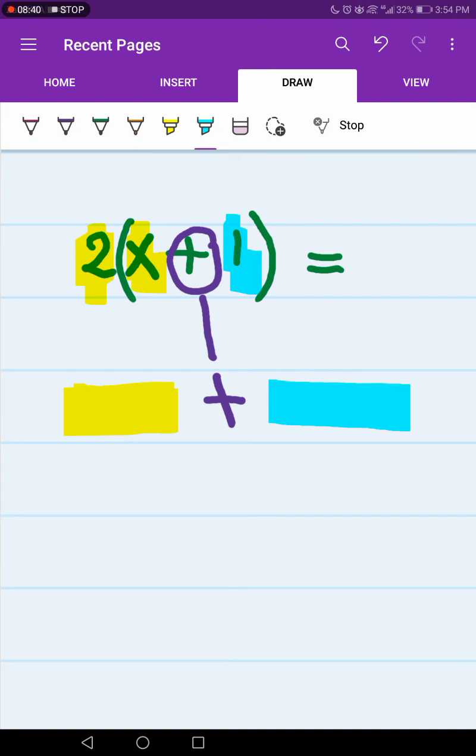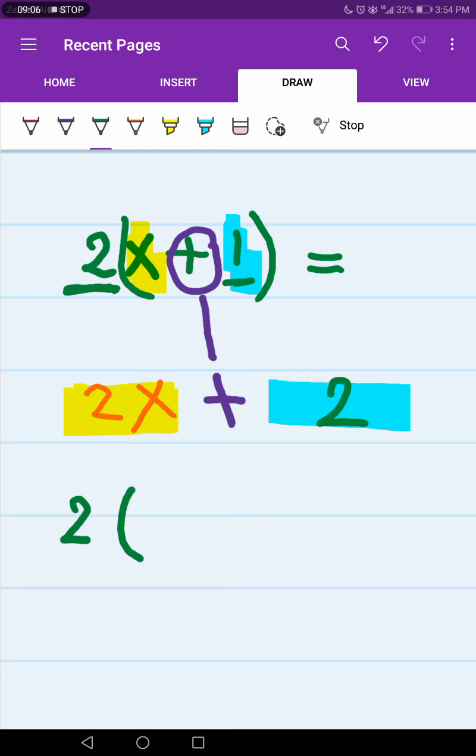At the left we have the product of 2 multiplied by x, which equals 2x, and at the right I have 2 multiplied by 1, which equals 2. So we can say that 2 multiplied by the quantity x plus 1 equals 2x plus 2.